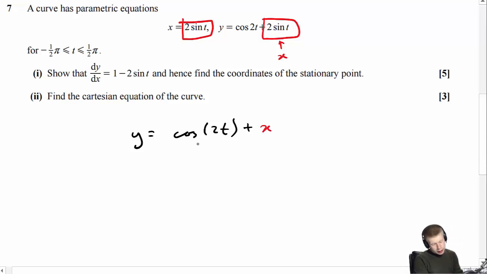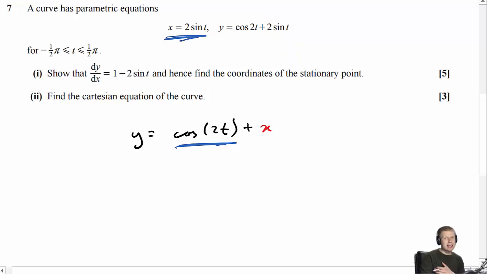Now the thing is, I'm looking at that cos 2t, and the trouble is, I can't really replace x there, because x is only in terms of sine. But do you know what? I know that this is a double angle formula because it's cos of 2 times something, so it's a cos of a double angle, right? And I know my double angle formulas because I've written them out so many times. So if you don't know your double angle formulas, make sure you write them out because this is so important.